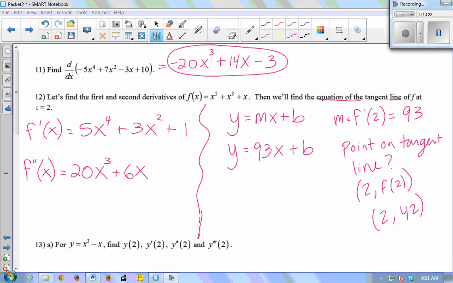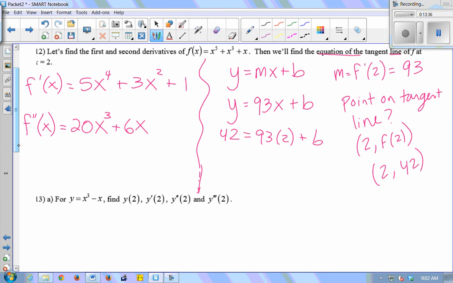So I can plug in 2 for x and 42 for y. And now I have an equation with only one unknown, b, and I can solve for the y-intercept. So what's 93 times 2? That's 186. Minus 42 would be 144. Did I do that right? Yeah, negative, right? Thank you.